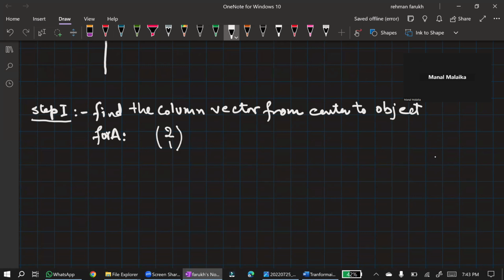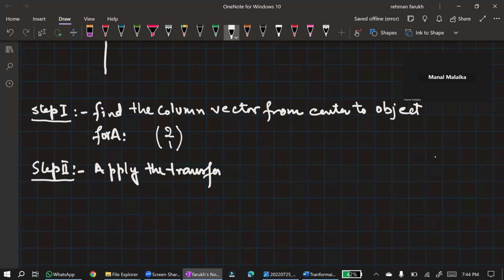For step 2, apply the transformation (x, y) goes to (y, -x): interchange x and y, and change the sign of x.